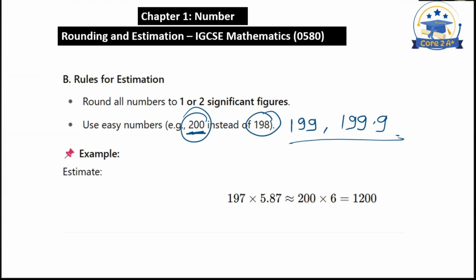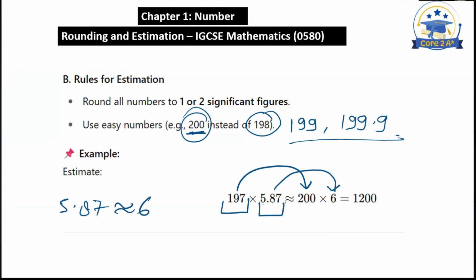For example, we have 197 and 5.87. So what can we write? 197 as 200 and 5.87, we can round it to 6 because 5.87 is very close to 6. This is almost 6, but not exact because we are learning estimation.